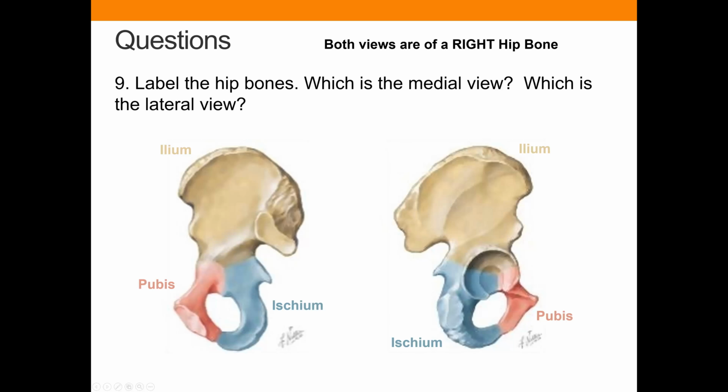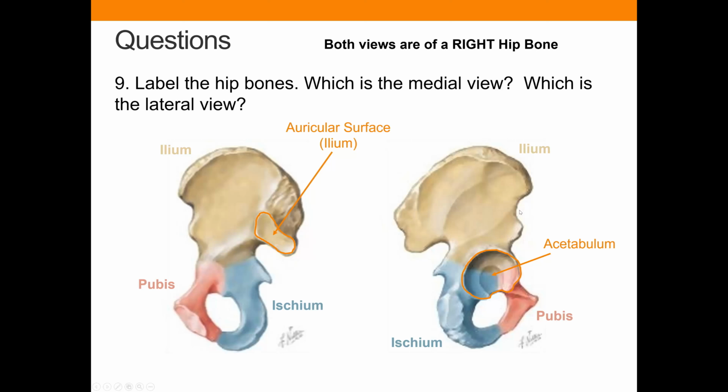So then when I'm trying to determine medial versus lateral, there are 2 features that can help me. One is I can find the auricular surface on the ilium. This is the point at which the ilium will actually form a joint with the sacrum, and it's only visible on one side, and it's always going to be on the medial side of the hip bone.